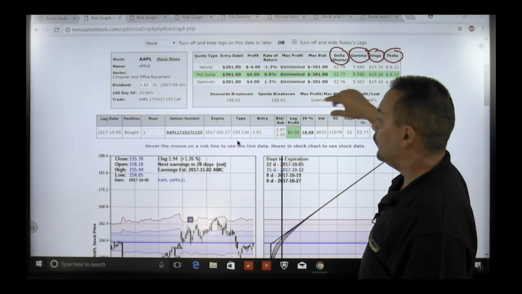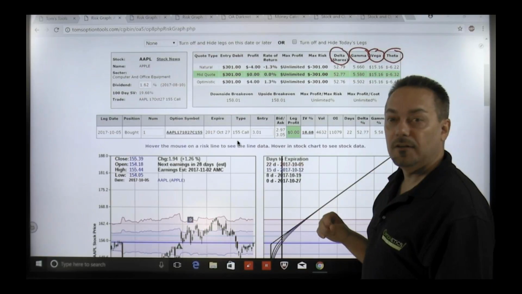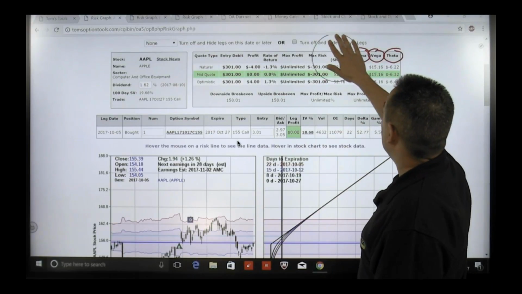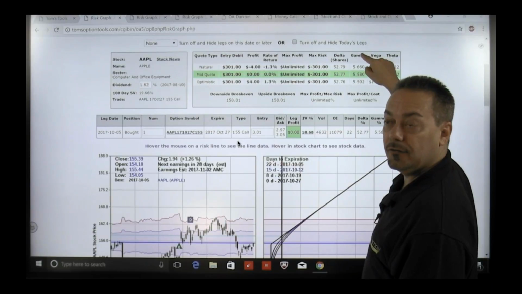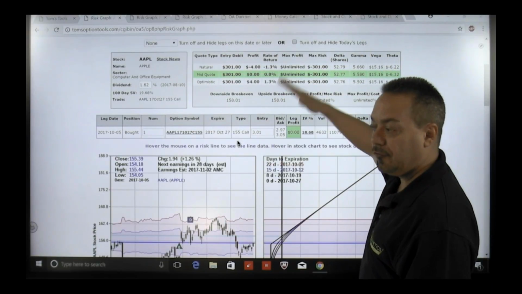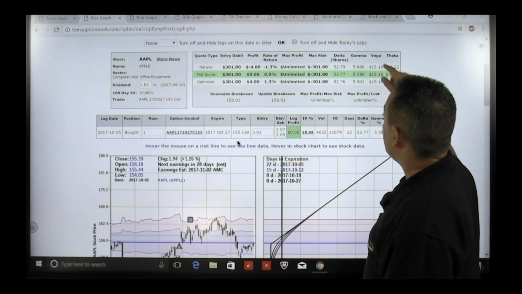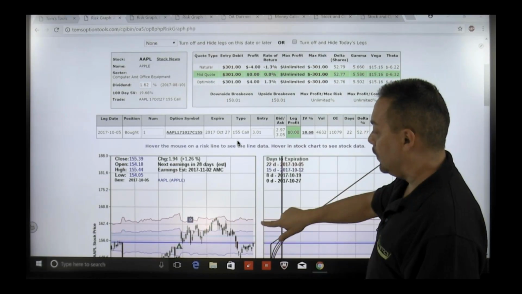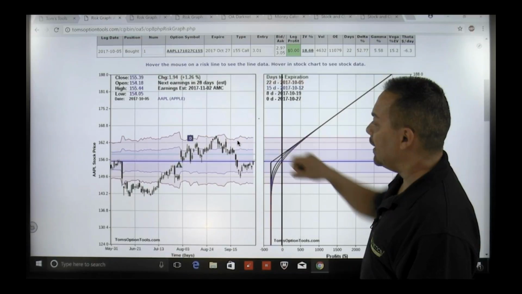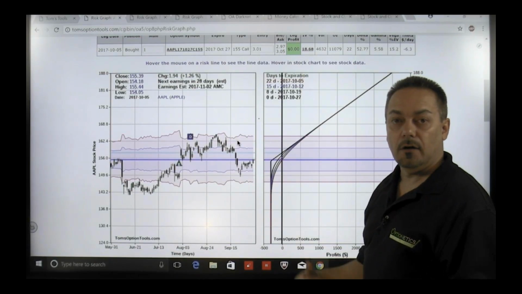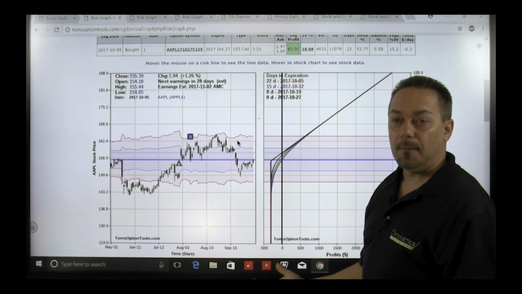So for a dollar movement in stock, this option should go up 52 cents, all right? And then you can see gamma, which is the delta of the delta. It tells us how fast this option is going to move up and down. You've got vega, which is in respect to volatility, and we'll talk about that in just a moment. And then you've got theta, which is the Greek for time.